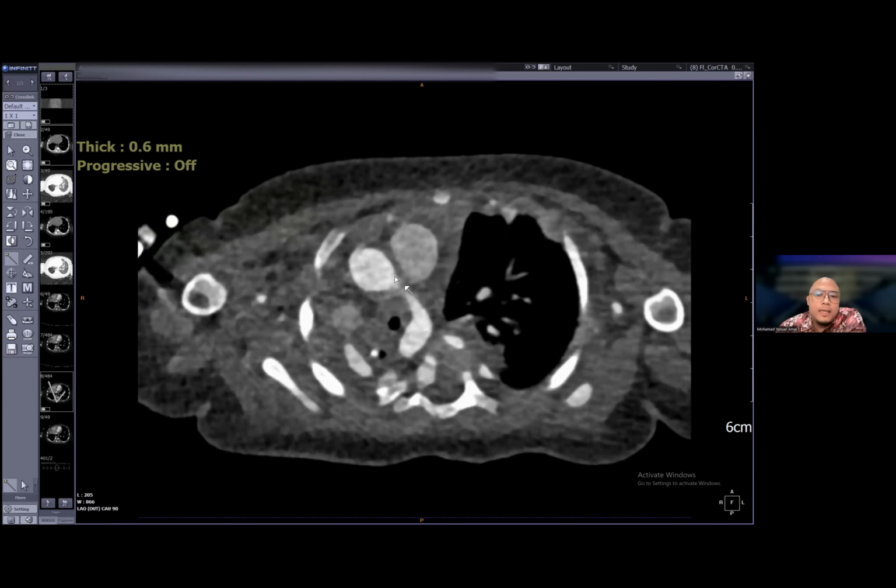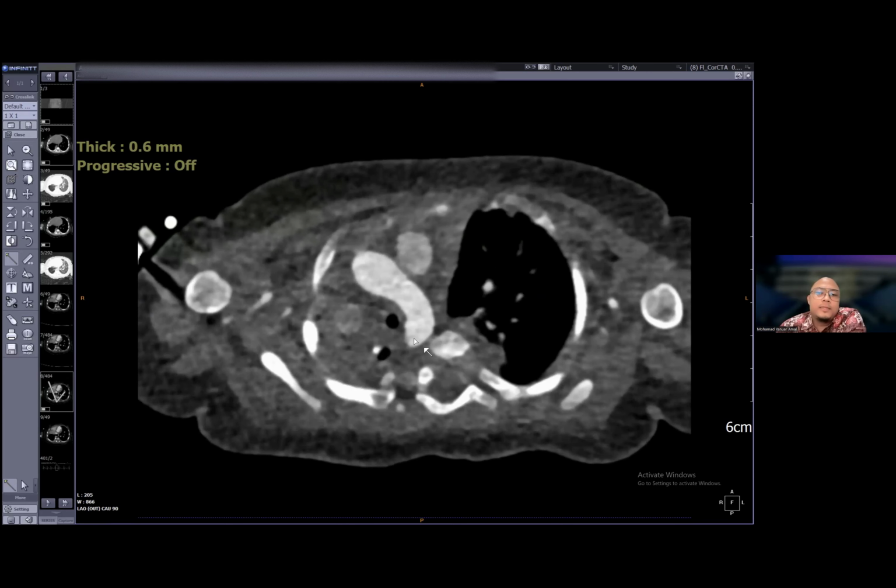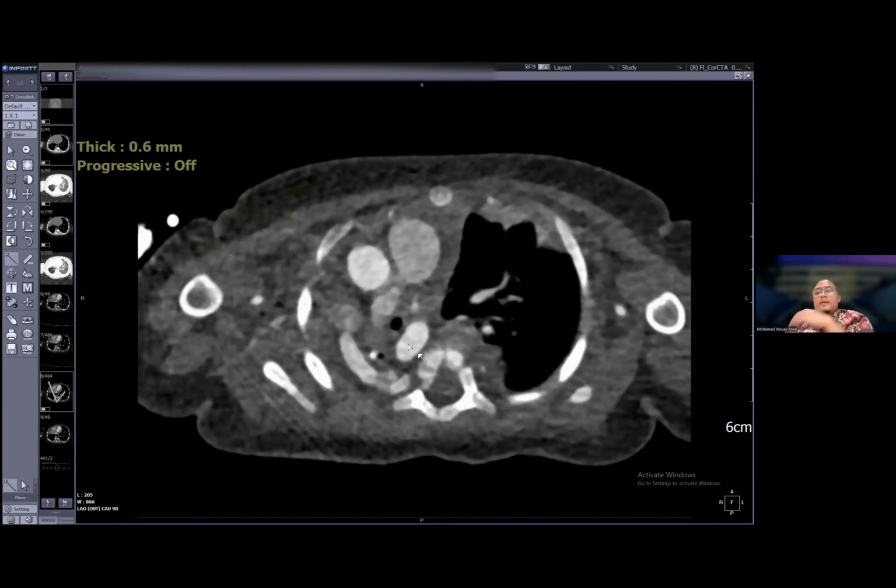So this also causes the tracheal stenosis because of the vessel in the posterior of the trachea.